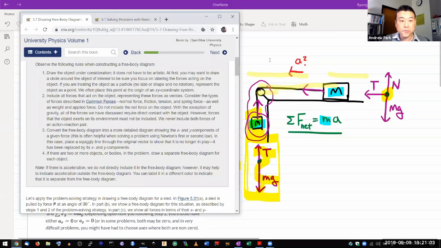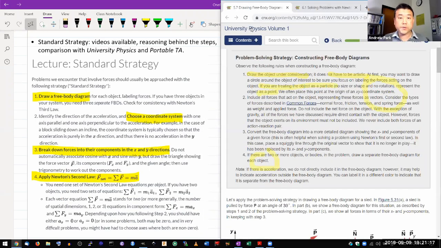We are using these dots to represent the entire object, regardless of its size and shape. And later on in the semester, especially after we've introduced rotation, after exam 2, we will start to draw more extended bodies as our object when we are drawing free body diagrams. But for now, most of the time, you'll be drawing a single dot, or I'll be drawing a single dot.